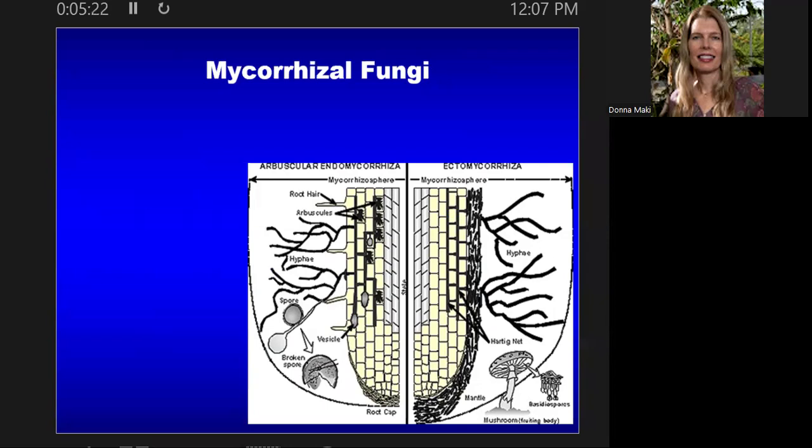And this is one of my favorite topics to think about. Part of my PhD work was on mycorrhizal fungi. The first time I learned about mycorrhizal fungi was in a plant physiology class when I was an undergrad, and I was just blown away by this idea that you can have two very distinct groups of organisms partnering up in a very intimate association in order to live their lives and have a win-win situation.